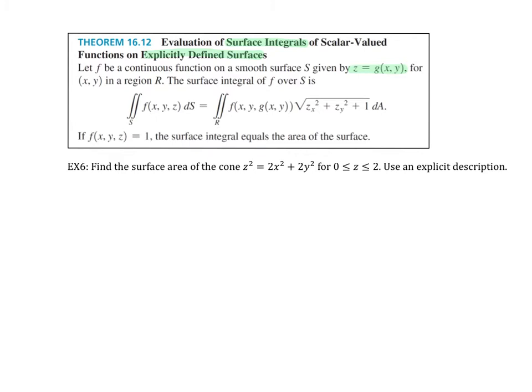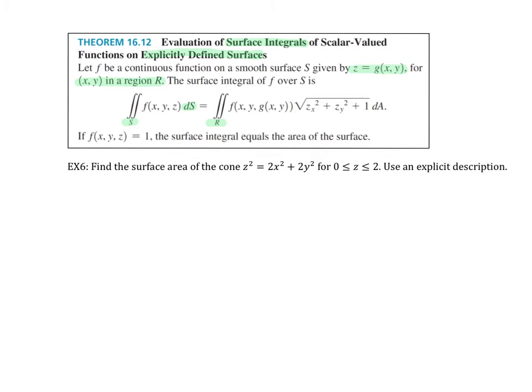If you have your surface already defined in that way, then you can use this alternate version of the surface integral formula. Again, we're integrating over some surface, so it's a dS, but then we look at this region R, which is in the xy plane.